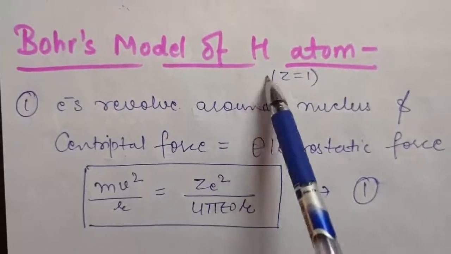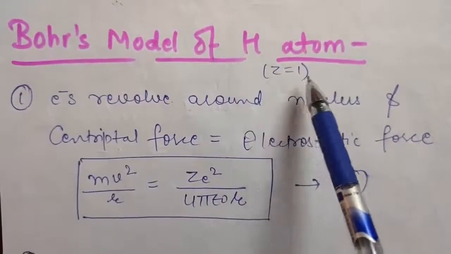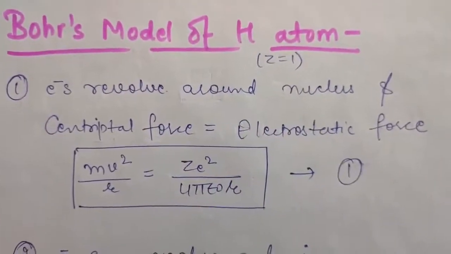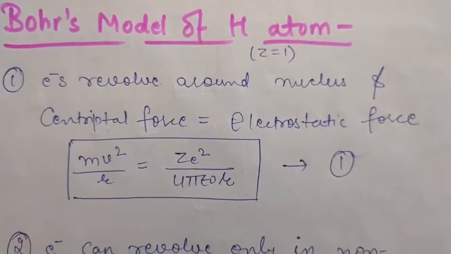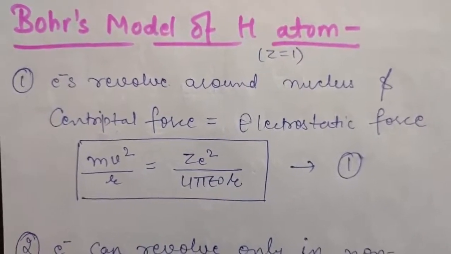And as I told you, for hydrogen, the atomic number Z is always equal to 1. So first of all, we'll be discussing three main postulates of Bohr's model.